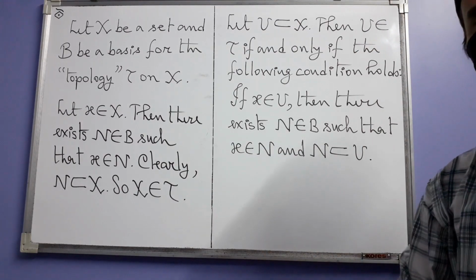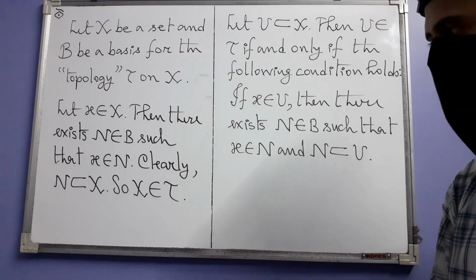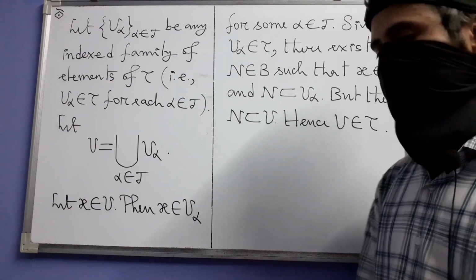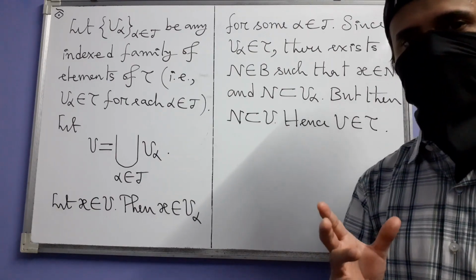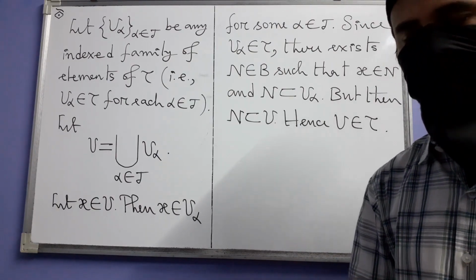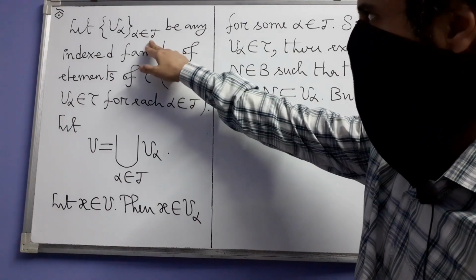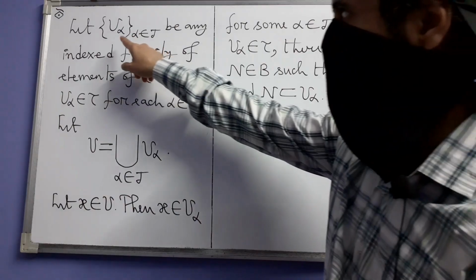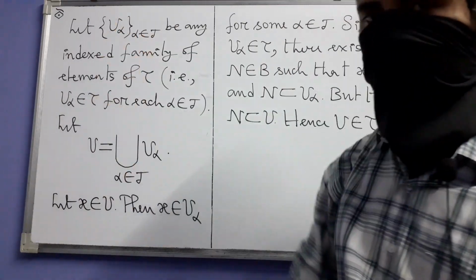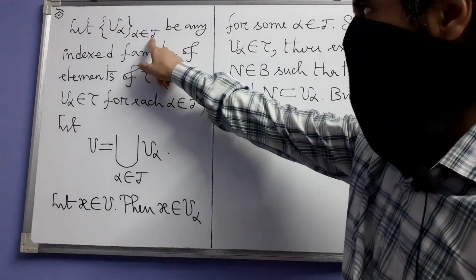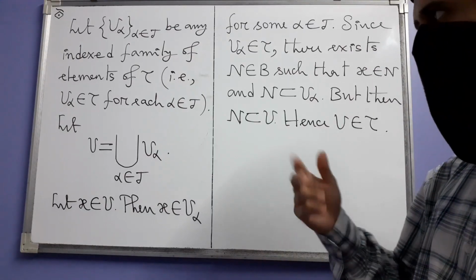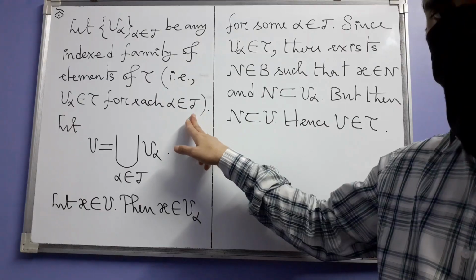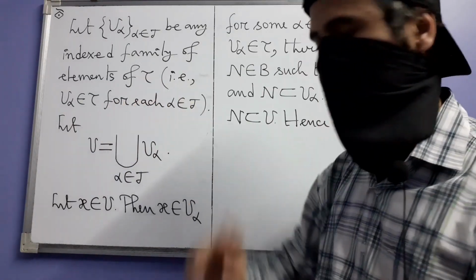Next we go for arbitrary union of any subcollection of tau. In order to consider arbitrary union of elements of tau, we have this indexed family of elements of tau, whose members are these U_alpha, and the index set is J, which simply put is this: for each label alpha coming from J, U_alpha is an element in tau.